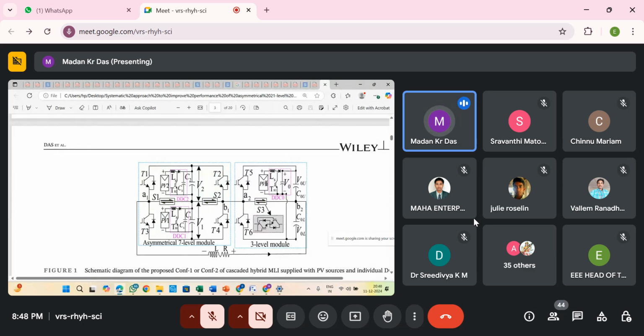We use three DC sources, PV1, PV2 and PV3, with DC-DC boost converters. The bidirectional switches are two switches connected in anti-parallel, as we have discussed. This inverter produces a three level output and this inverter produces a 7 level output. Both combine to generate the 21 level output, means 10 positive, 10 negative, and also 0.